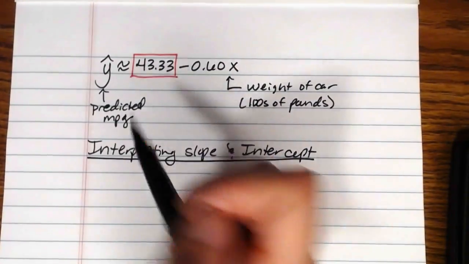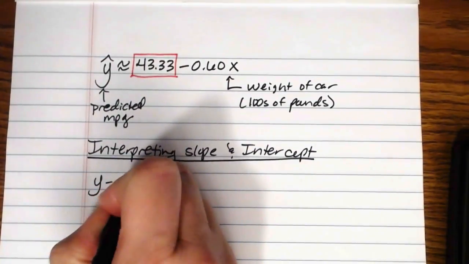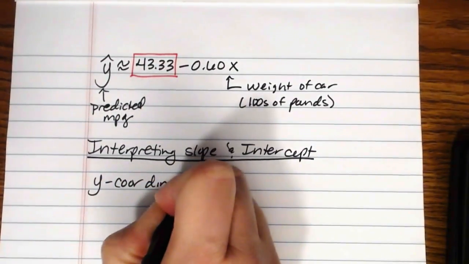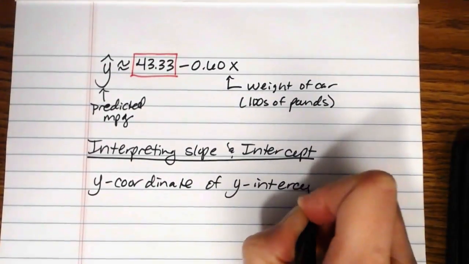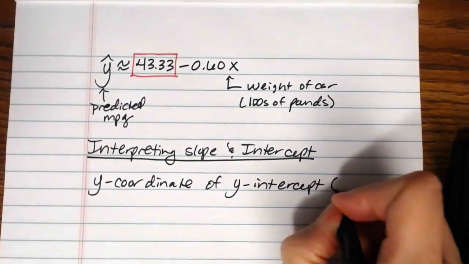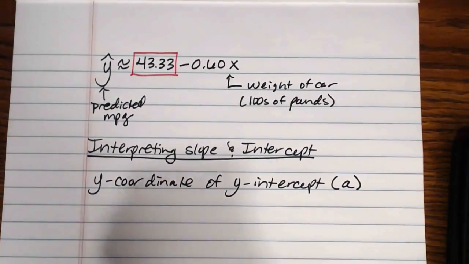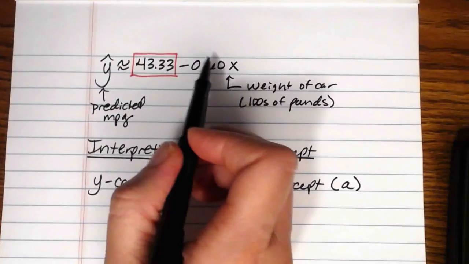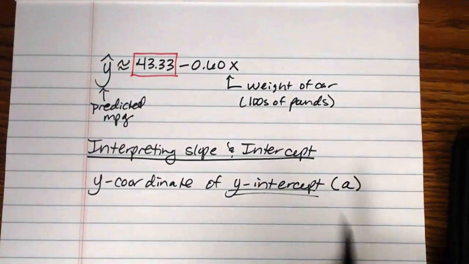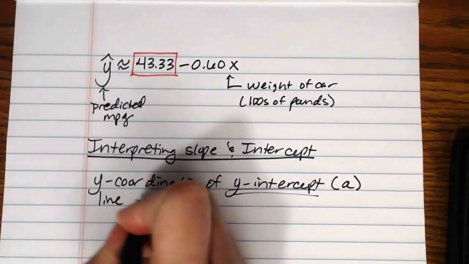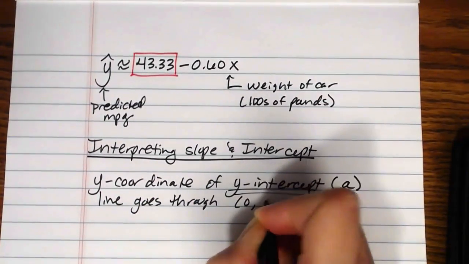So this part, the 43.33, is the y coordinate of the y-intercept, and your book calls that value lowercase letter a. What this means is that any of these lines we look at are going to go through the point (0, a).